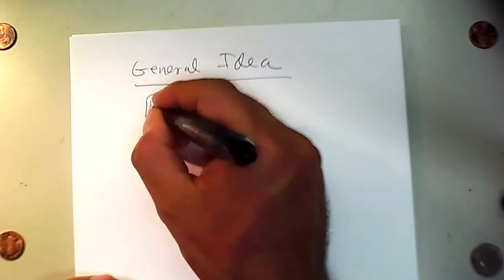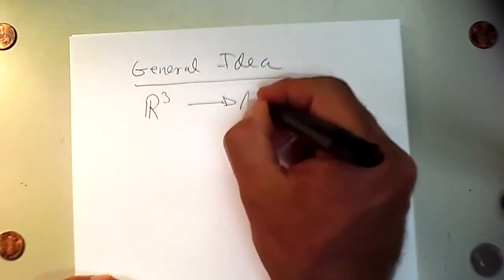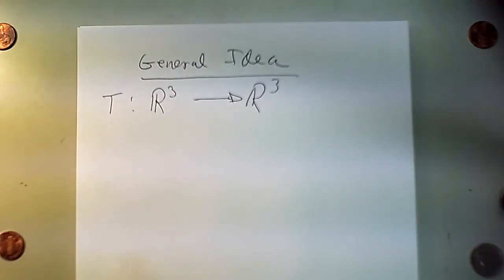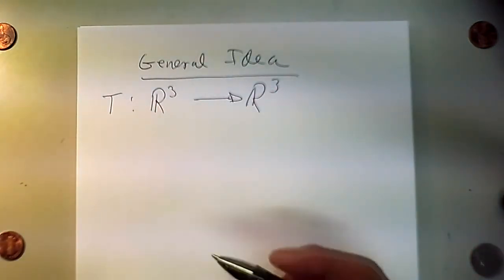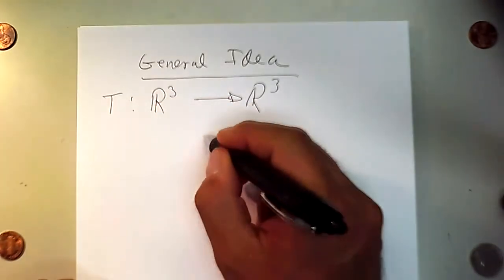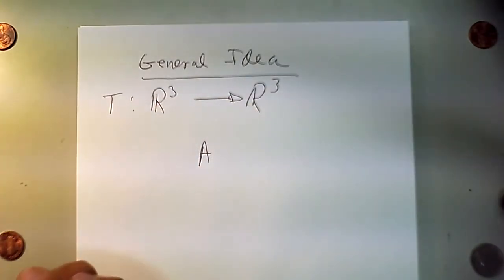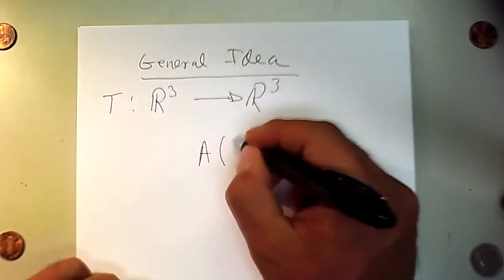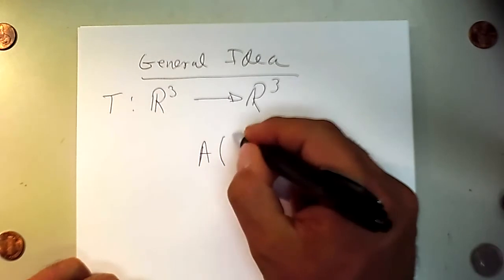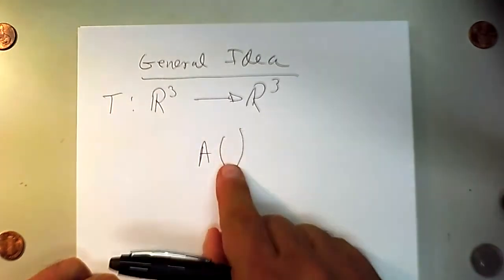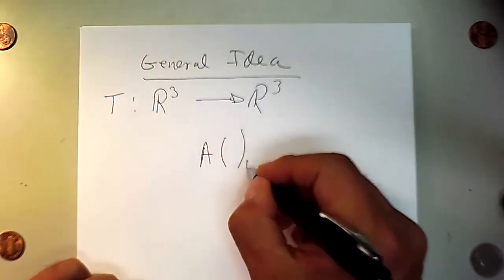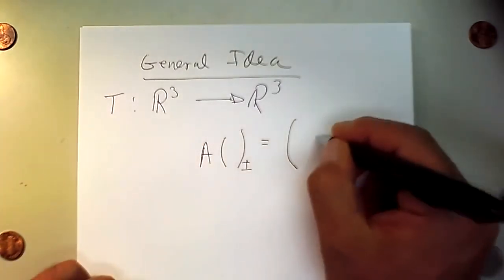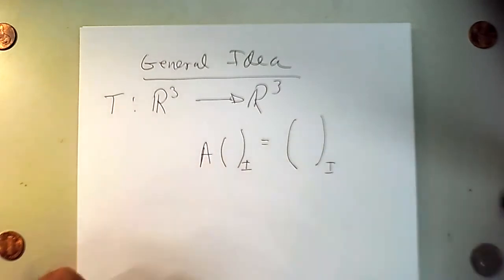So you got R cubed going into R cubed with a linear transformation T. Okay, and there's a matrix corresponding to that. So A will do that if you multiply with a vector which is written in standard basis, and the answer will be given with a standard basis.